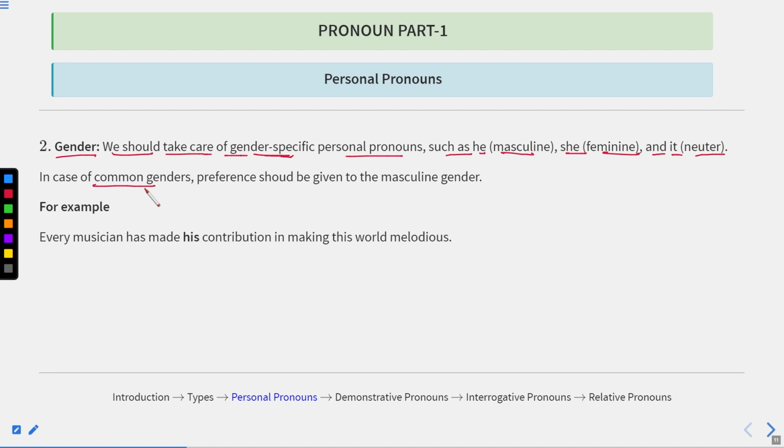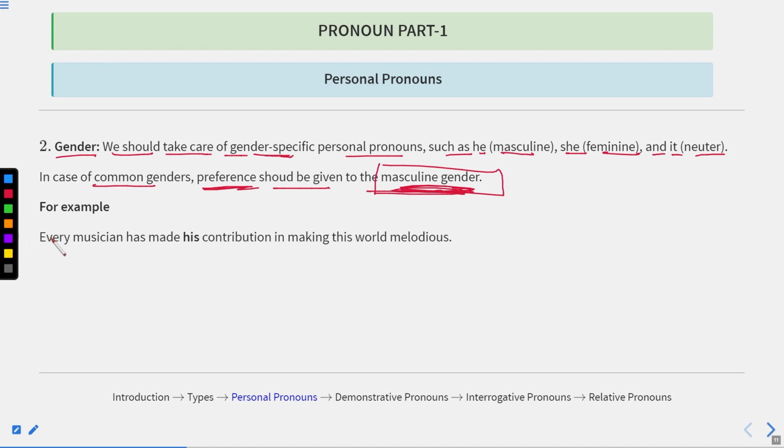In that case, when we are not sure about the gender, which can be used for both male or female, we call them common genders, and preference should be given to the masculine gender. Now this one is very, very important: the preference should be given to the masculine.